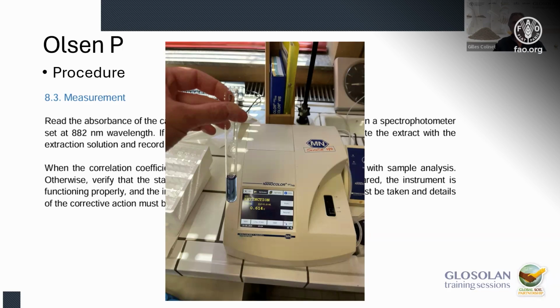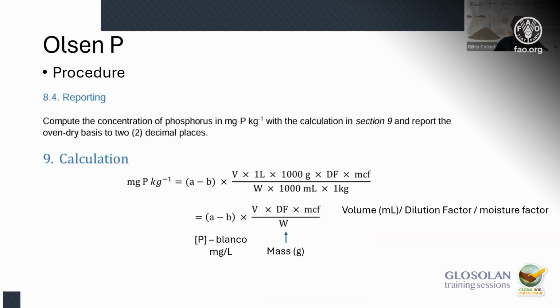We don't have an automated sampler, so we need to work by hand. And at the end, again, you have a measurement of the absorbance, and you transform it into phosphate, or read directly in phosphate.